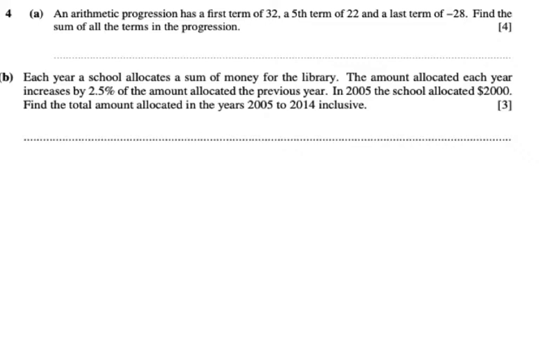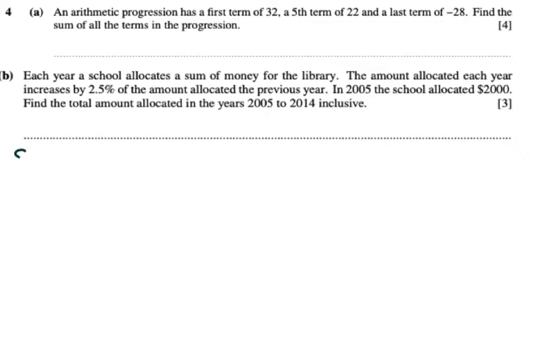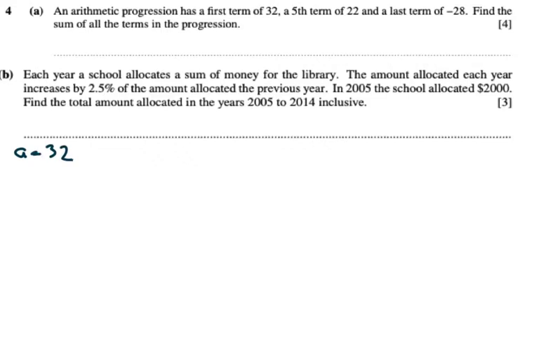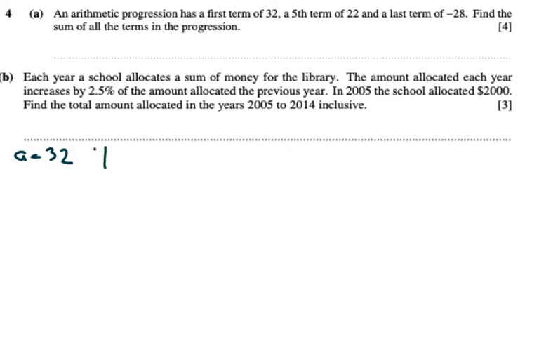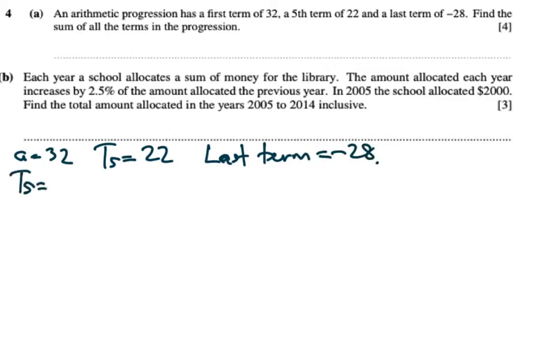Next, an arithmetic progression. AP has first term a equals 32, and then the fifth term equals 22. So t5 equals 22, and then the last term equals negative 28. Okay, so t5 equals a plus 4d.